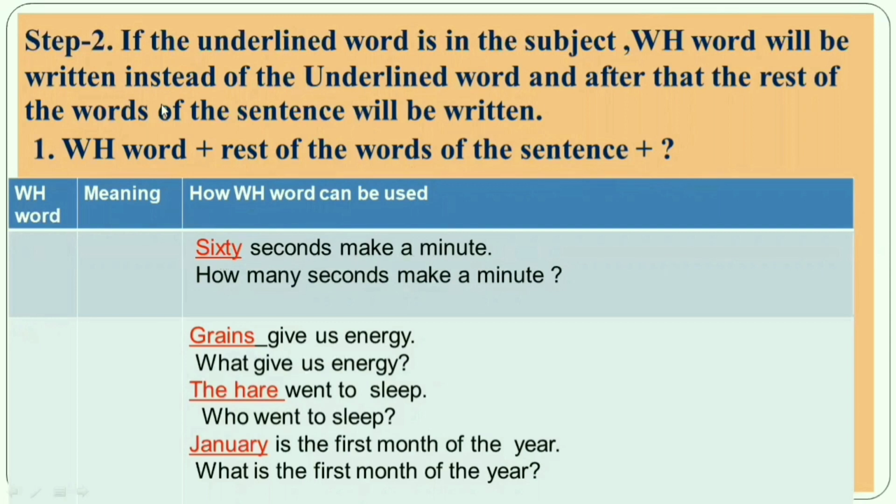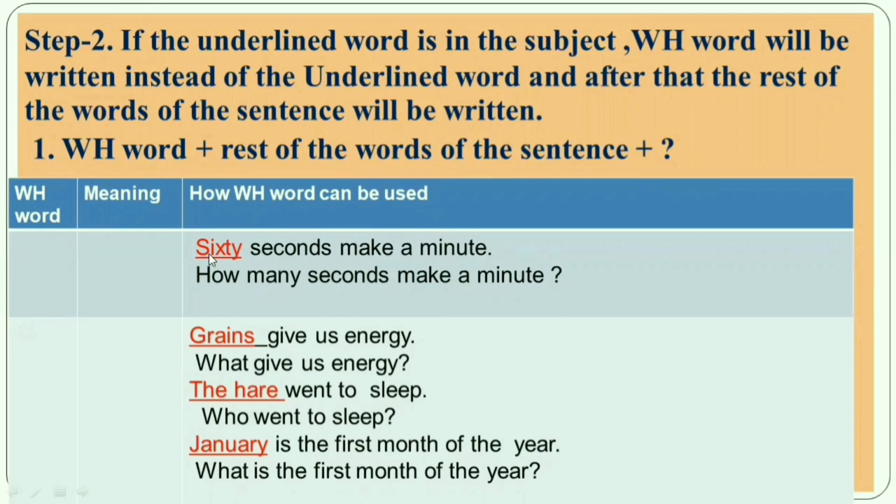So if the underlined word is in the subject, then at first, instead of the underlined word, write a WH word, then all the words of the sentence will be written after that. Okay, so 60 seconds.